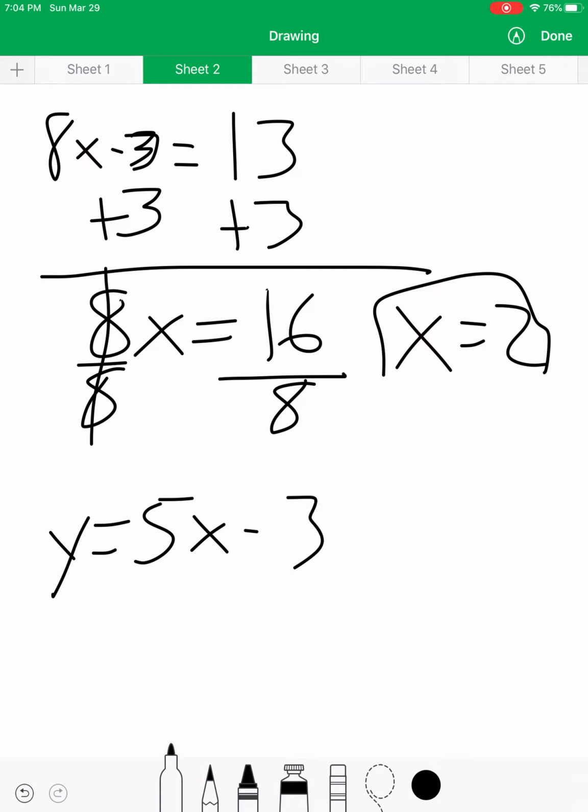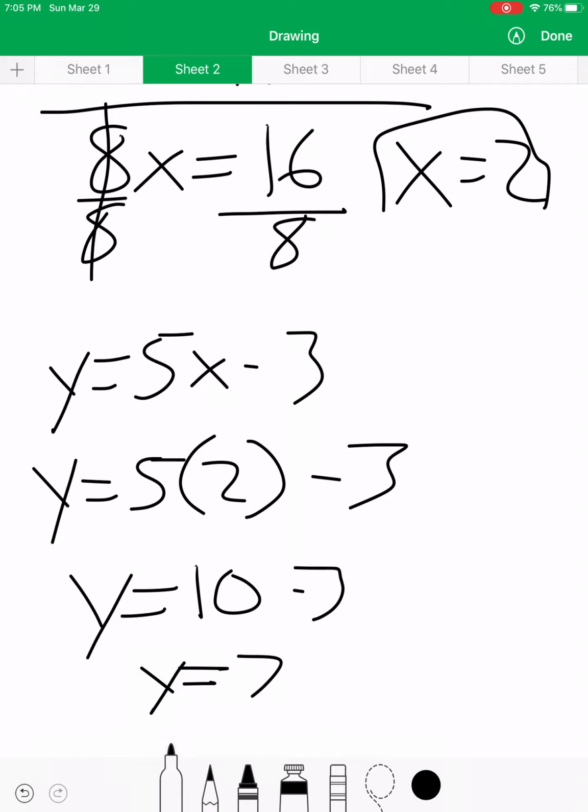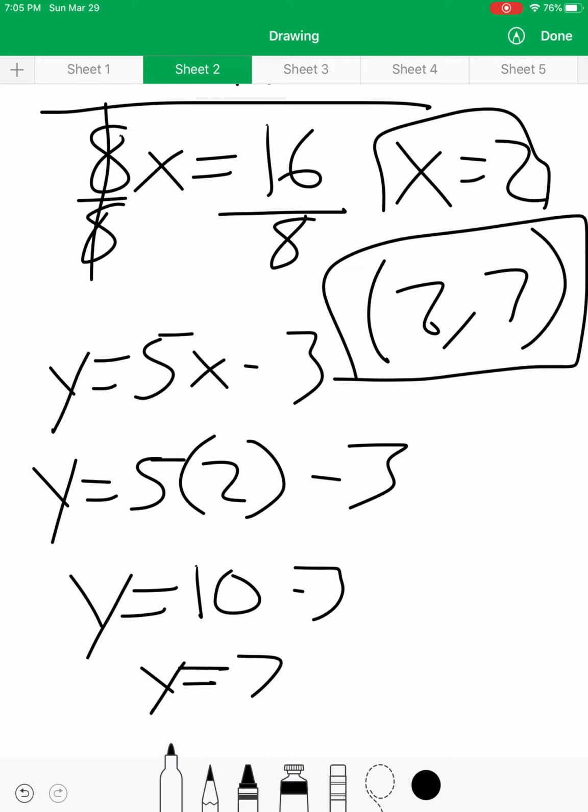All right, now I plug in my solution for x in for this variable. y therefore equals 5 times 2 minus 3. That gives me y equals 10 minus 3, so therefore y equals 7. So my ordered pair would therefore be 2, 7. And there's your final answer right there. Once more, those are always x, y ordered pairs. So number 15, 2, 7.